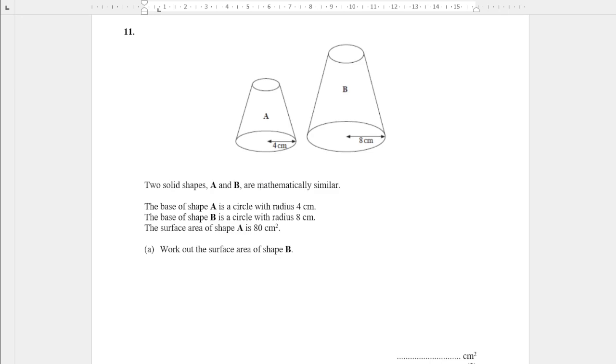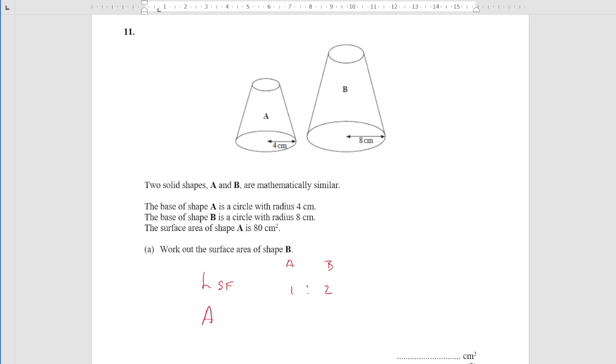Okay, so we've got a scale factor of shape A to shape B. We've got a factor of 1 to 2. We could have written that as 4 to 8 and then simplified it down. And that's not the area scale factor, that's the length scale factor.